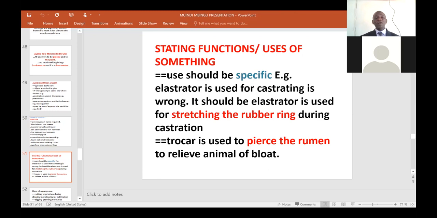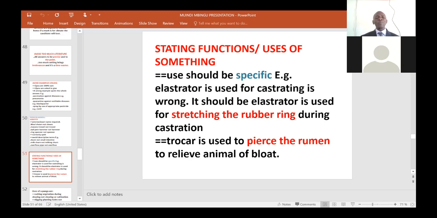So when you say it is used for castration, then the answer is ambiguous. One may not know, are you referring to the elastrator or the rubber ring? So the exact role of the elastrator is stretching the rubber ring during castration. So be specific on the exact role of a given implement or tool or equipment.